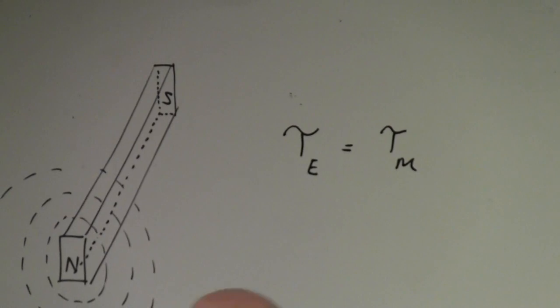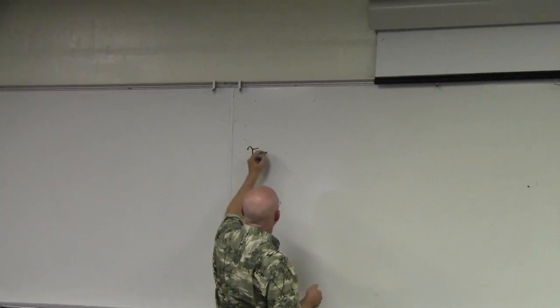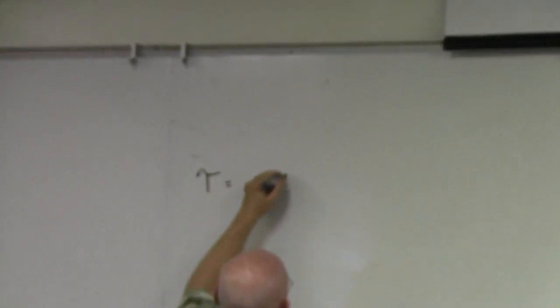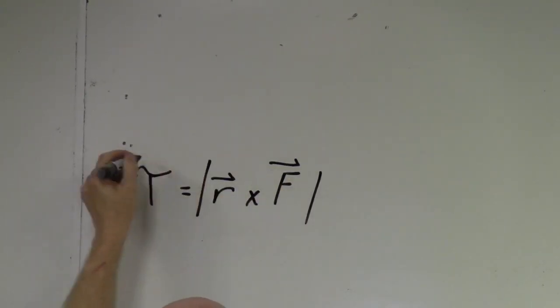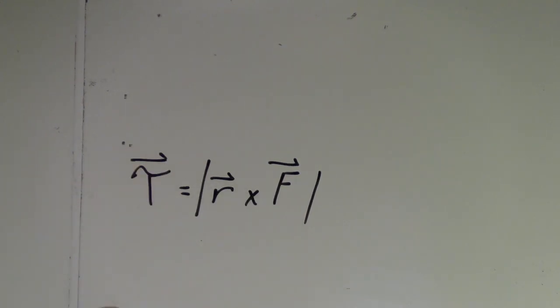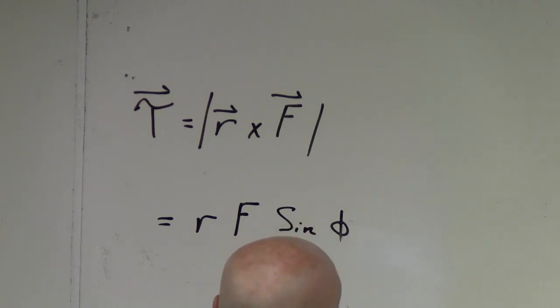So let me go one step over here and remind you that the magnitude of the torque is the magnitude of R cross F. And so this takes us back to physics 121 and torques. And the magnitude would be the magnitude of R times the magnitude of F times the sine of the angle between them.